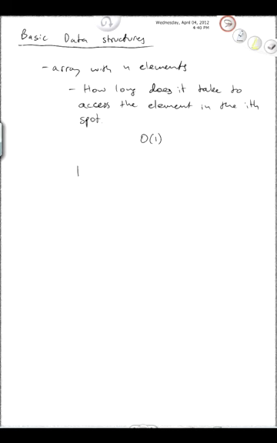And the reason for this is the following. An array is a contiguous part of memory. So all of the spots in the array are right next to each other. So this would be the spot for 1, 2, 3, 4, 5, and 6. And to store the array, we basically have the initial start of the array here as a pointer.